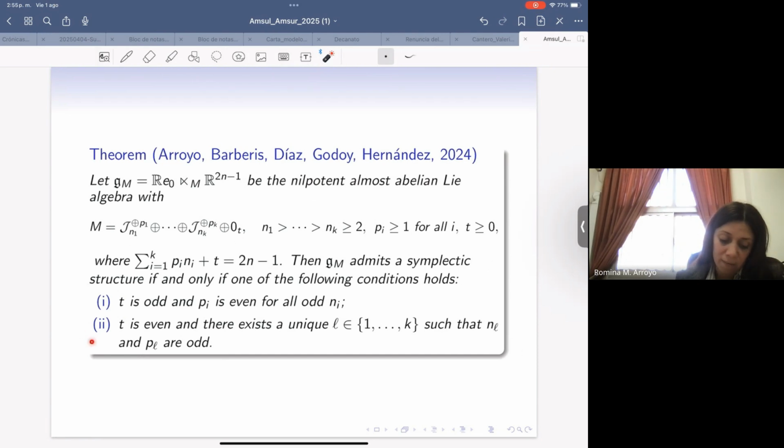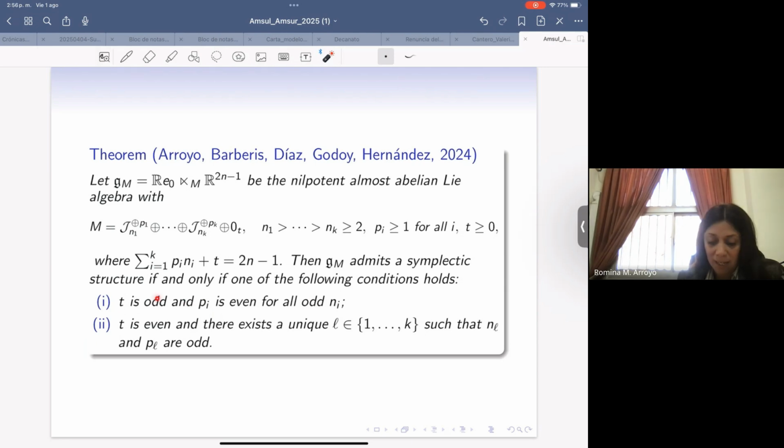And now we have two cases. An almost abelian algebra admits a symplectic structure if and only if one of these conditions holds. Look here, this is odd, again something analogous to the complex case, but now here p is even for all odd i.